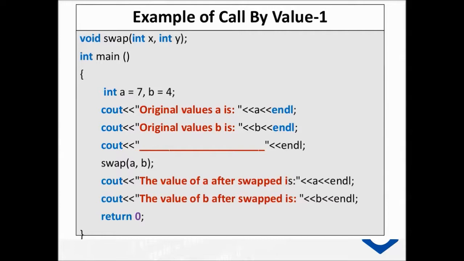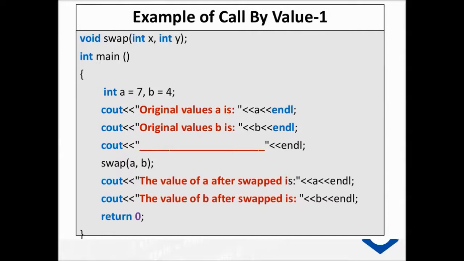After displaying the values of a and b, we call the function swap, and we want to swap the values of a and b. After swapping, we want to display the swapped values on the screen, so we use cout, the value of a after swap is a, and cout, the value of b after swap is b.